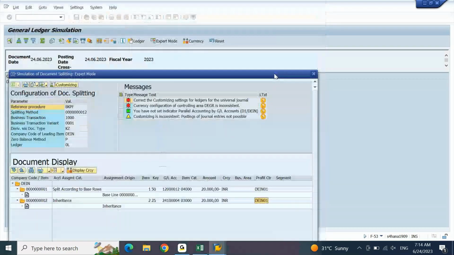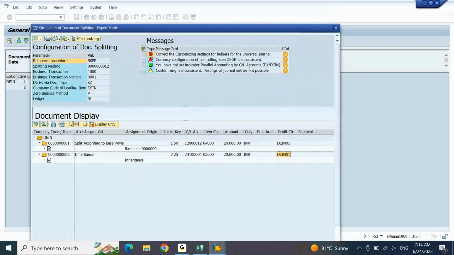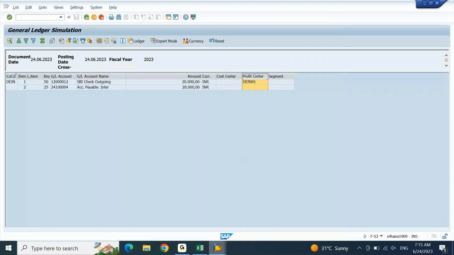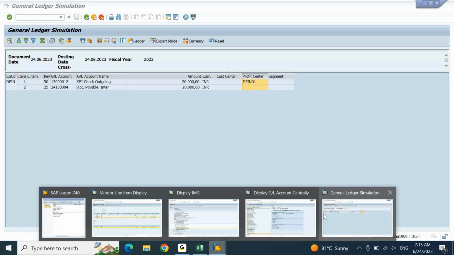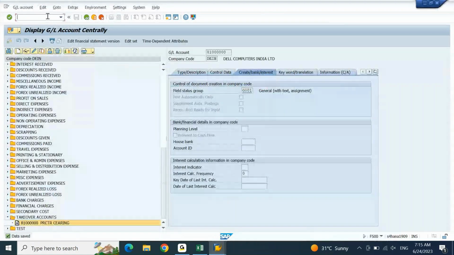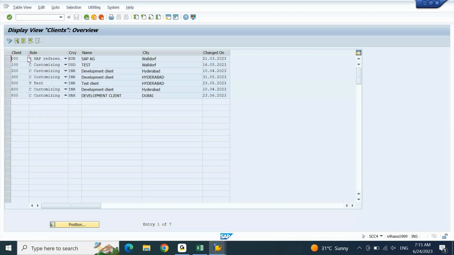This is giving some other error, configuration of controlling area currency. So this currency error represents this one. Let's go to SCC4. This is SAR here.